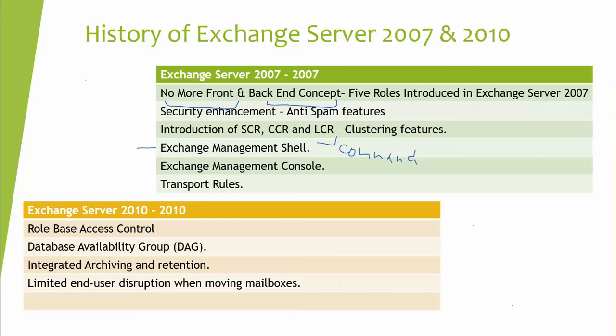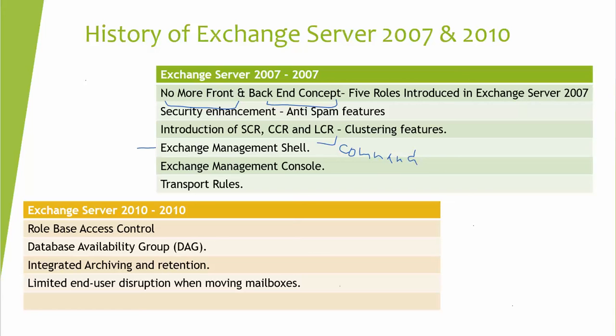Like in Exchange Server 2000 and 2003, if you remember, permissions were assigned via the delegation wizard, and it was in the Exchange System Manager Console. The delegation wizard allowed the administrators to assign one of three roles to the user that they wish to grant administrative access. So there was Exchange View Only Administrator, Exchange Administrator, and Exchange Full Administrator.